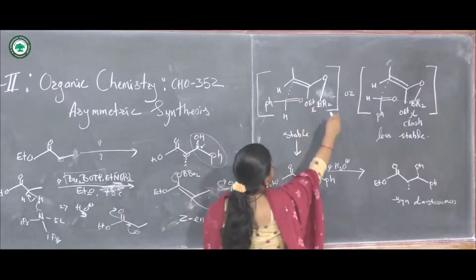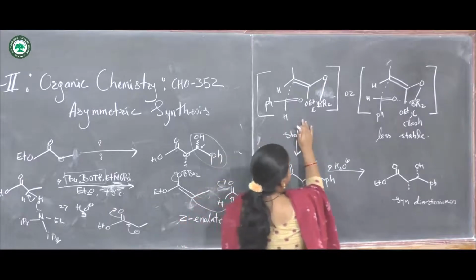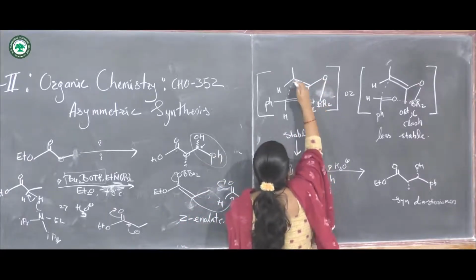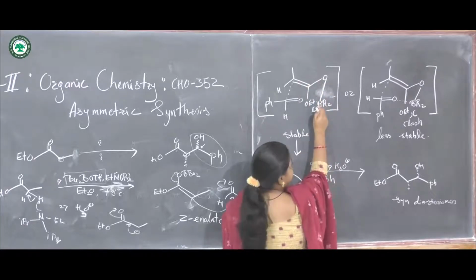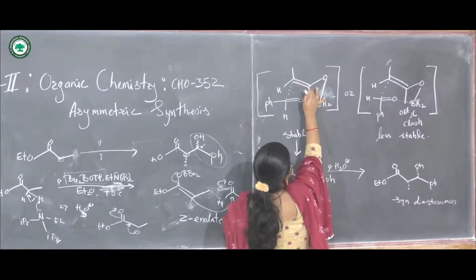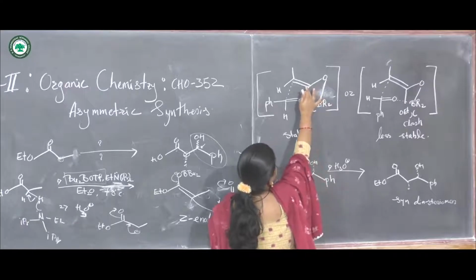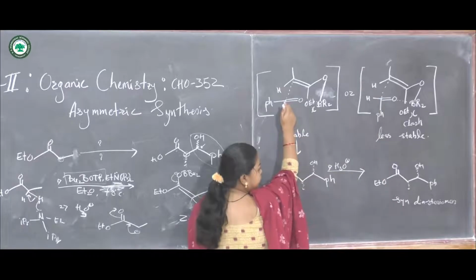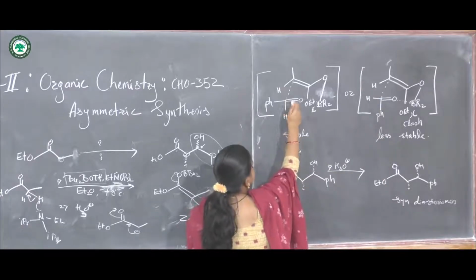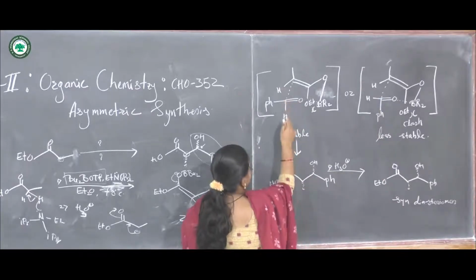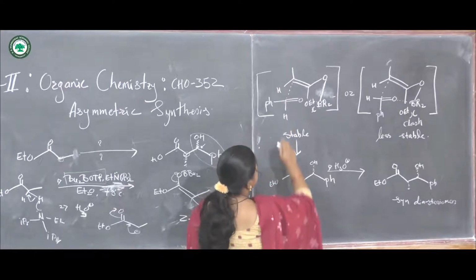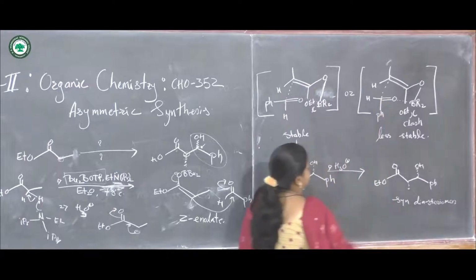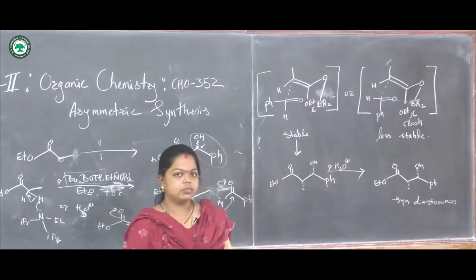So what happens? This transition state is formed. In this case we have considered this ester molecule in enolate form. We have placed it in one orientation here. We have fixed the orientation of this molecule, but we have changed the orientation of the aldehyde. In the first orientation, hydrogen is oriented downward here, and in the other we have changed the orientation so that the Ph, phenyl group, is oriented downward.